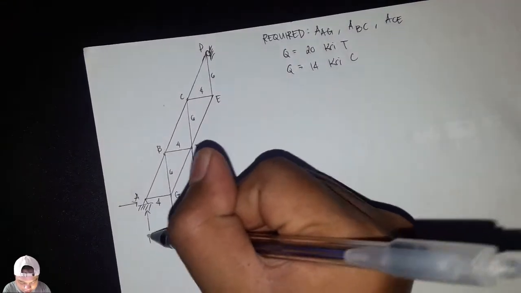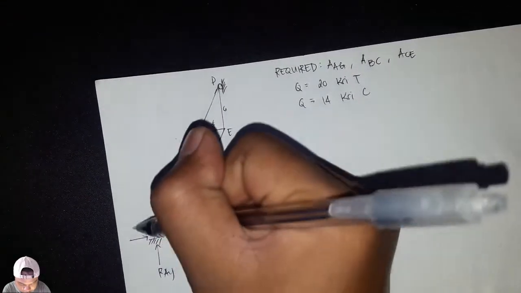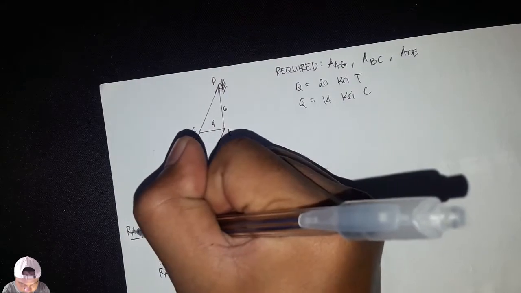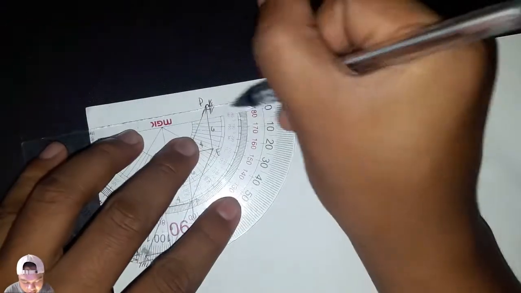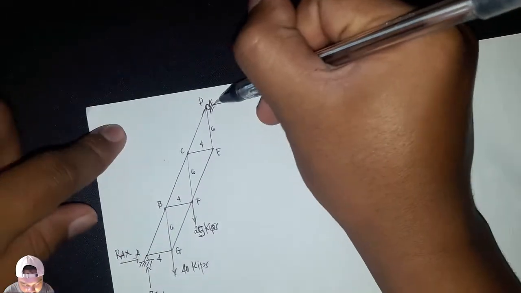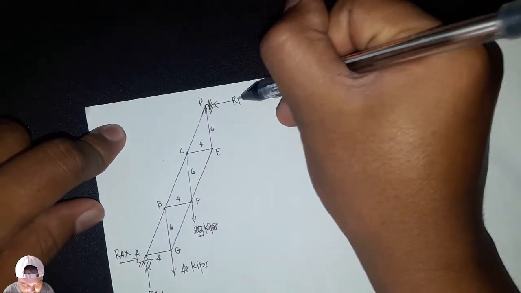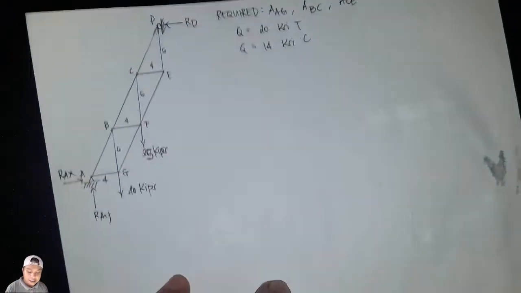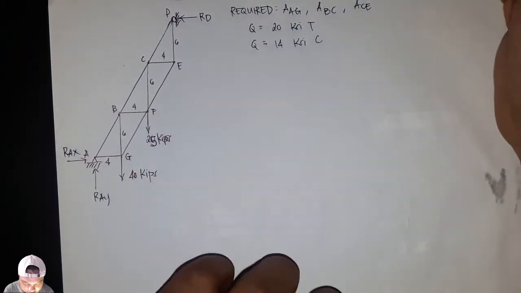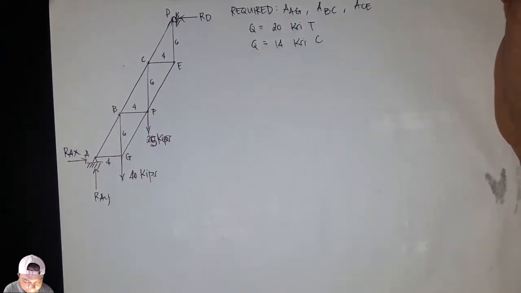So it's RAY, the Y component, and the X. So kapag roller naman, alam natin na isa lang. So pwede nyong gawing RDX or RD lang. Either, pwede lang yun.